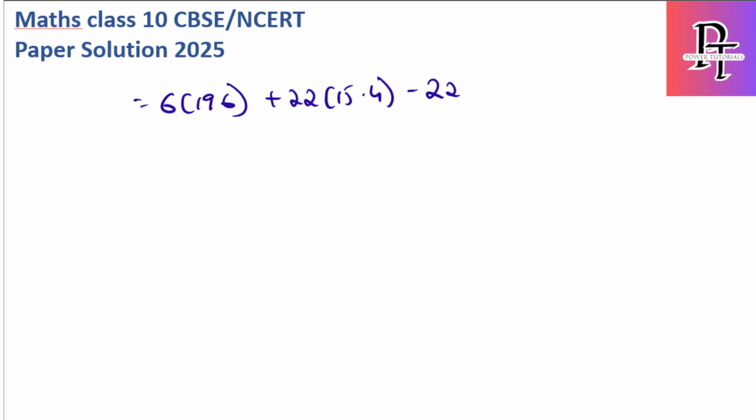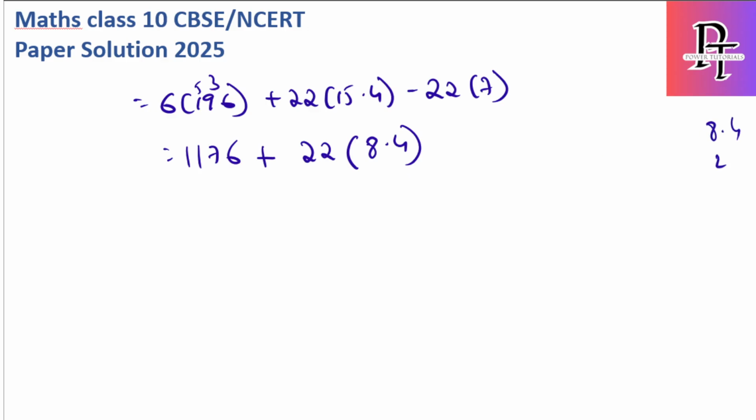So 6 into 196 is 1176. Plus, here 22 is common, so I'll simply reduce my calculation: 15.4 minus 7 becomes 8.4.